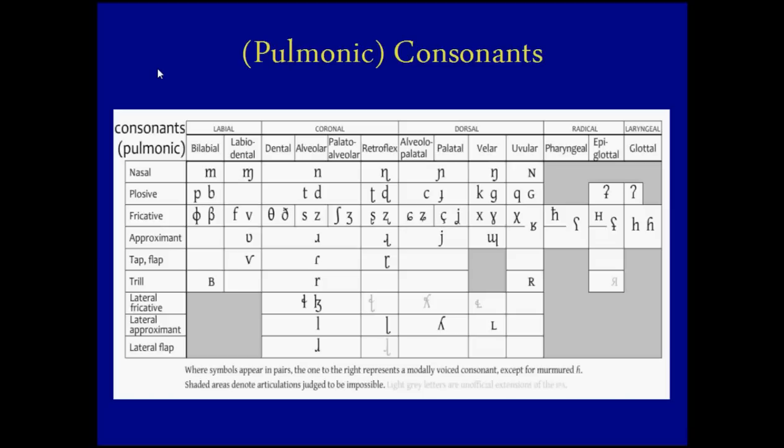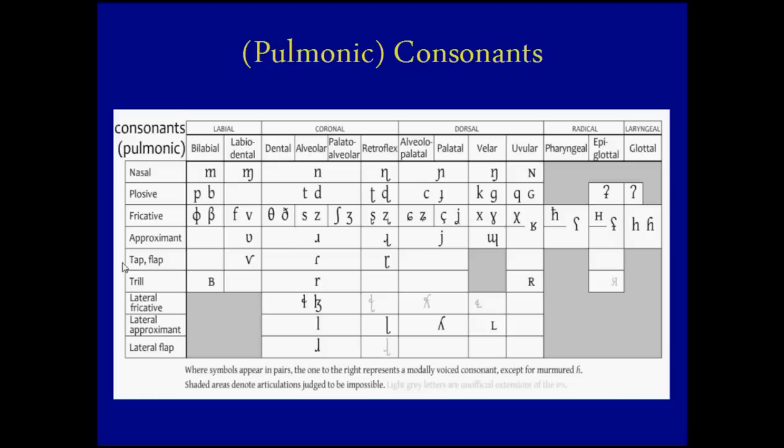I'm momentarily stopping air and then releasing it again. The difference, though, is that when I pronounce p, I'm stopping the air with just my lips. When I pronounce t, I'm stopping the air with the tip of my tongue against the roof of my mouth or my palate. And when I pronounce k, that's actually stopping it with a constriction in the throat.